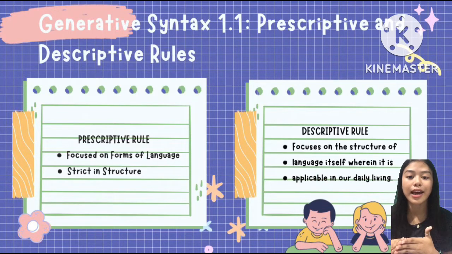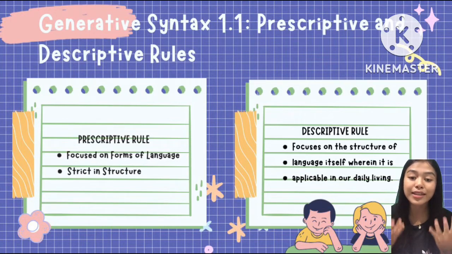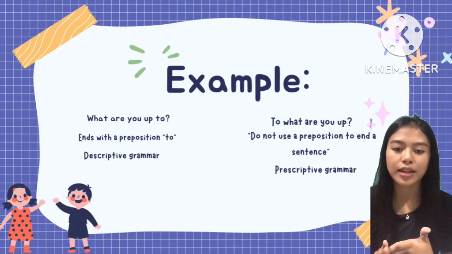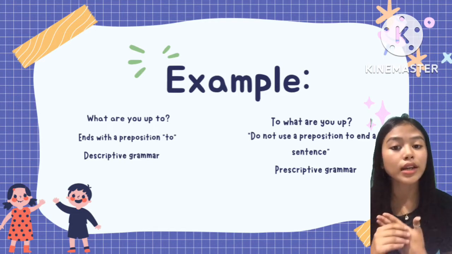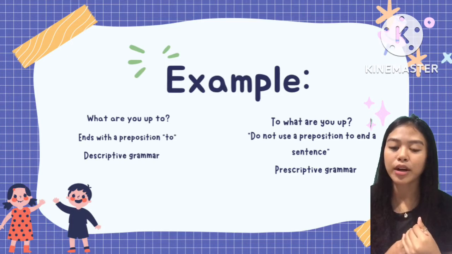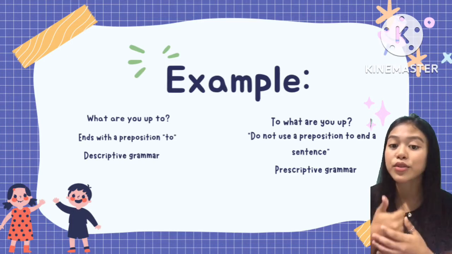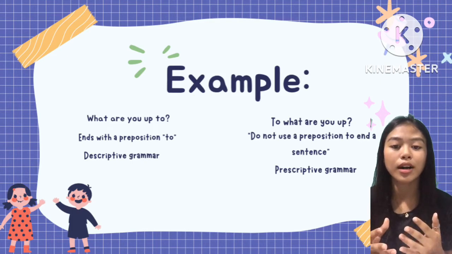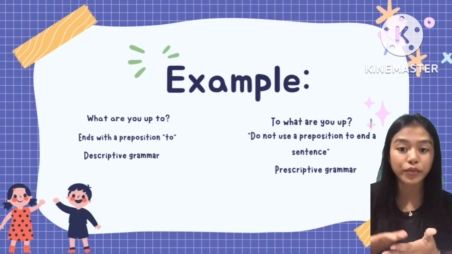It does not have right or wrong as long as the audience knows how to interpret or understands what you are trying to say. Like for example, the sentence, "What are you up to?"